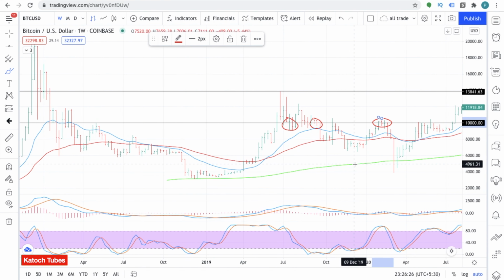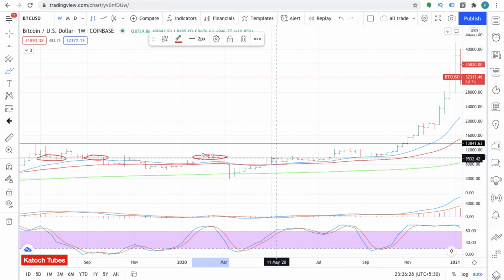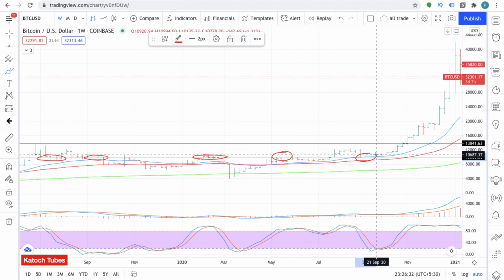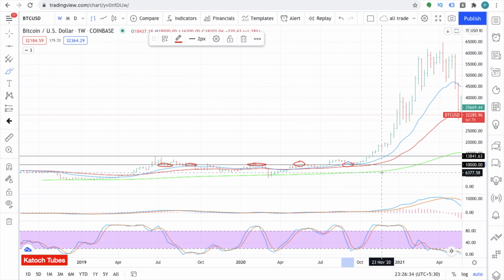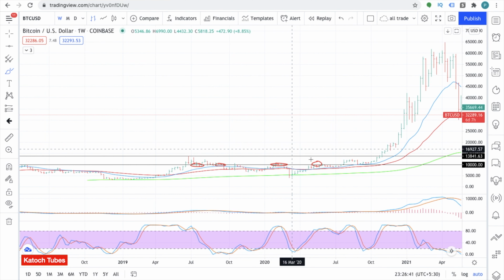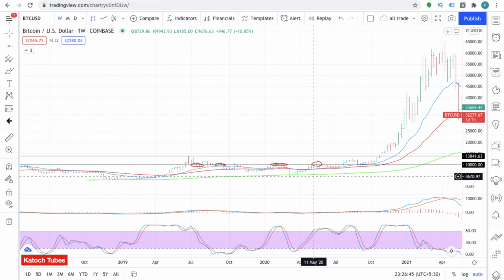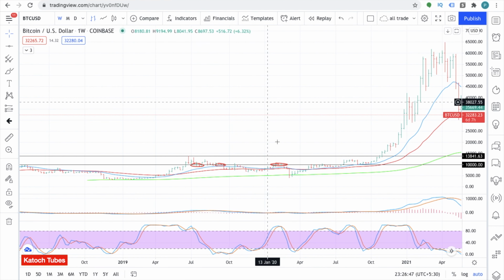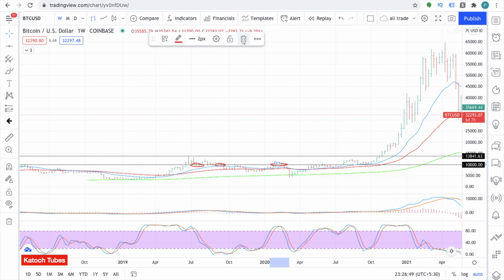If the frequency of the touch points, the open and close, is very high, that means you have a valid or a very strong support or resistance line. So that's how you point out which line is best, which means to draw the best support and resistance line. So let me remove this drawing and move further.